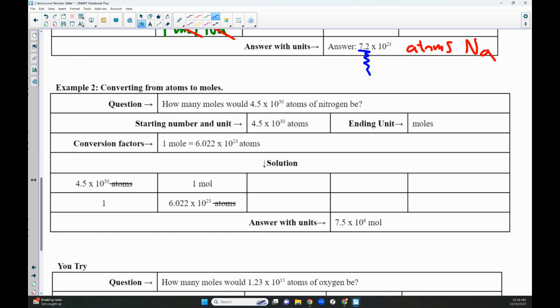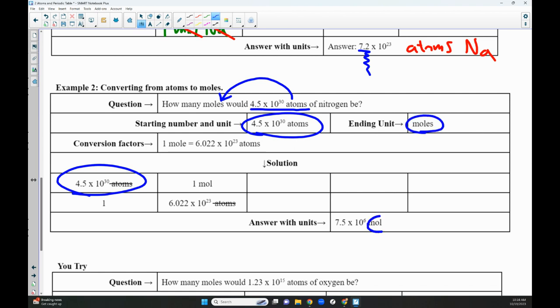How many moles would 4.5 times 10 to the 30 atoms be? So you've been given 4.5 times 10 to the 30th, and we're trying to figure out how many moles that is.